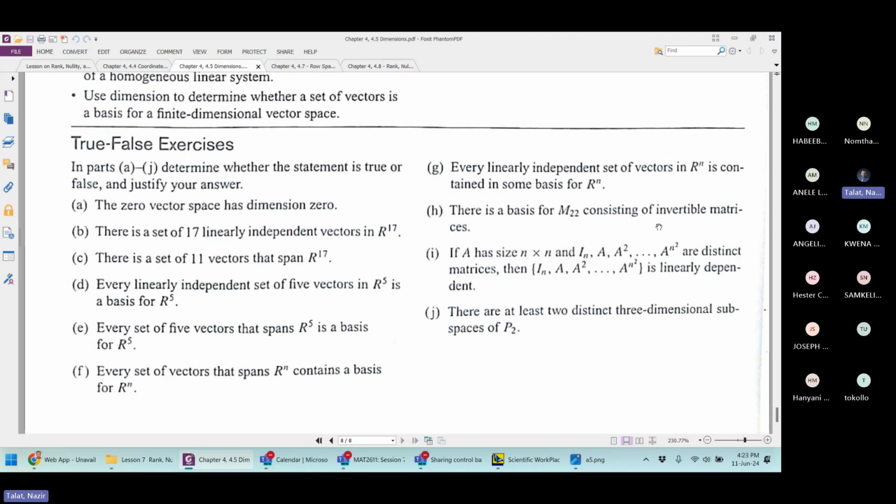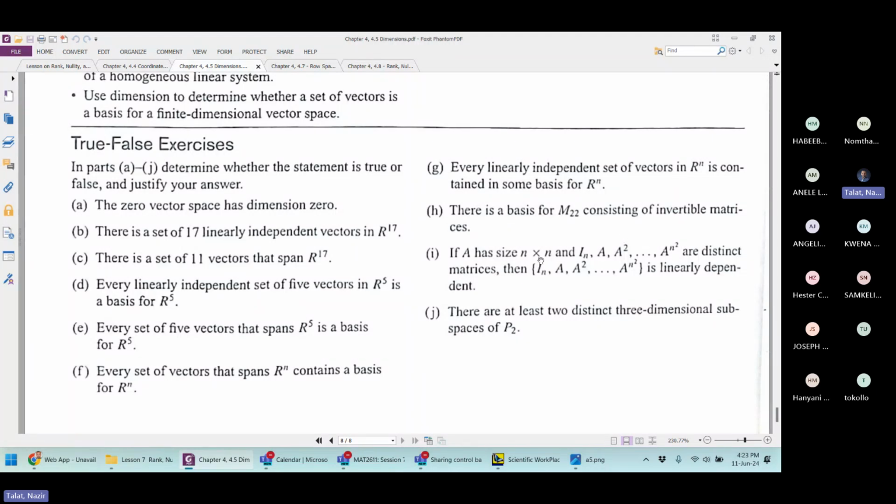The invertible and non-invertible matrices are both contained in M2x2, so in the basis set they can be invertible or non-invertible. So in that sense, the statement is not correct.